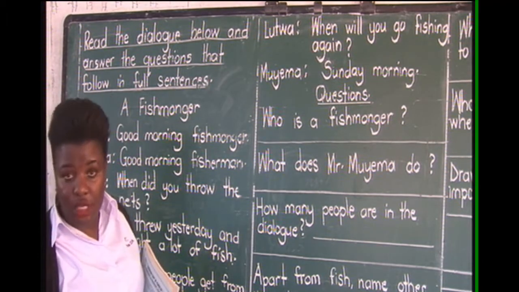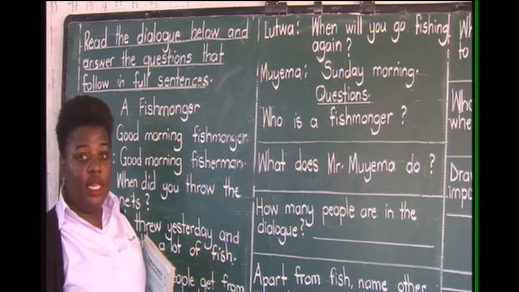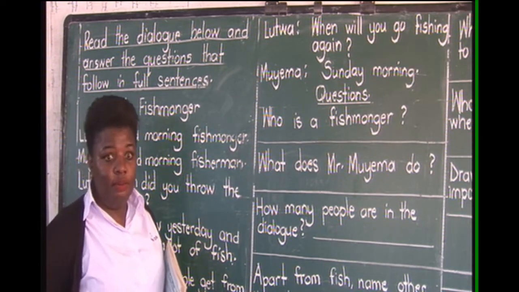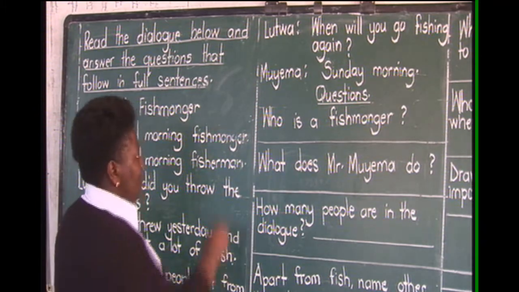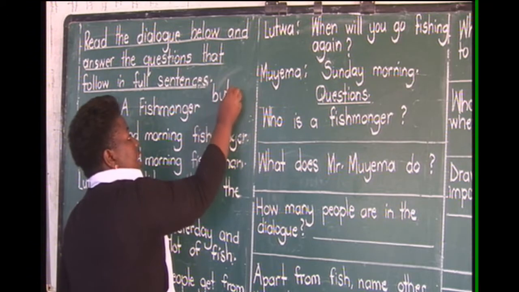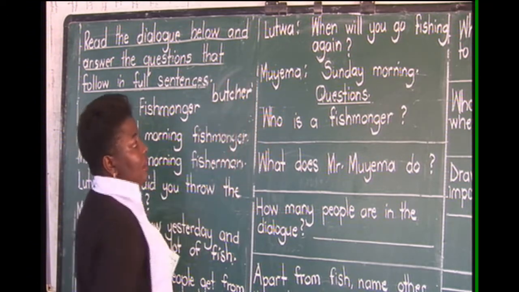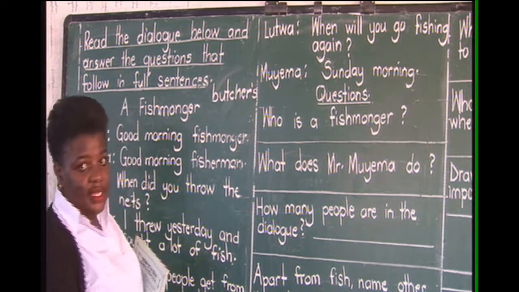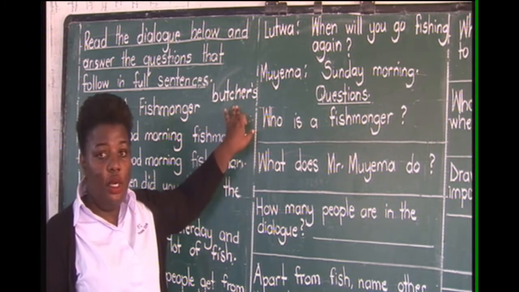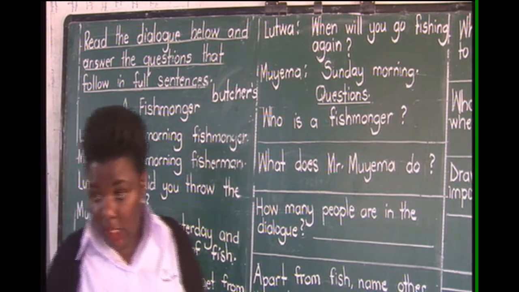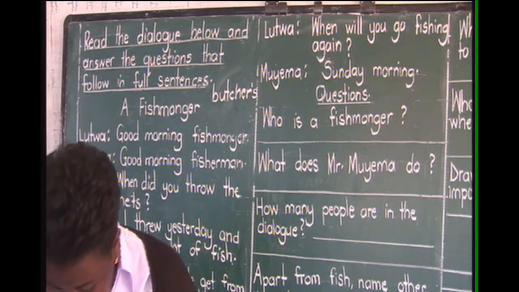Then the place where you go to buy meat from is a butcher's. You write the word butcher, you put an apostrophe sign, and then put S. You can either say a butcher's or a butcher's shop. So that is the place where we buy meat from.